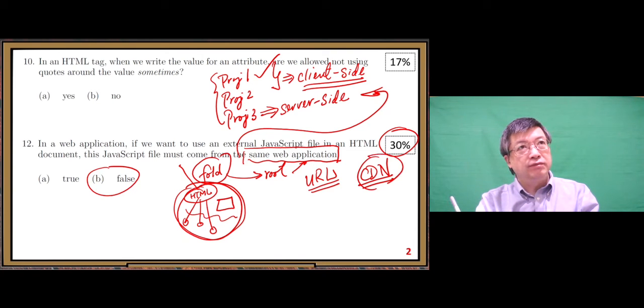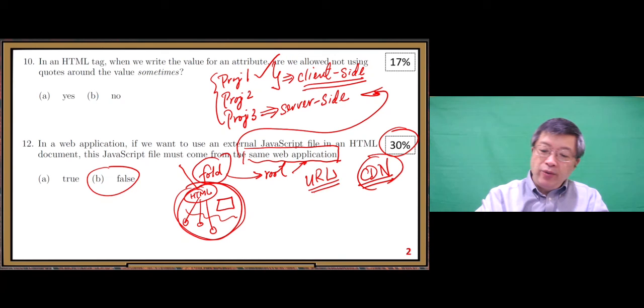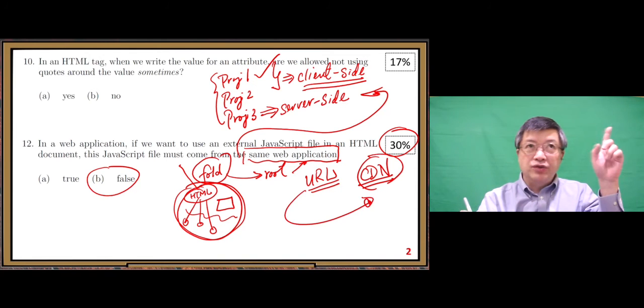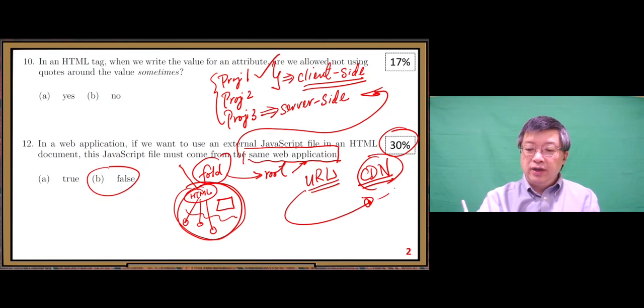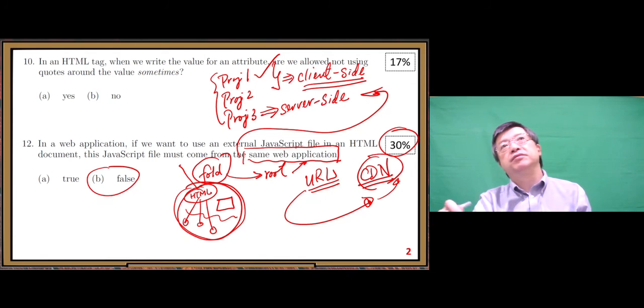So we use the URL pointing to some JavaScript file in some CDN location.